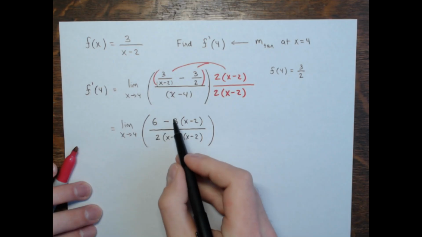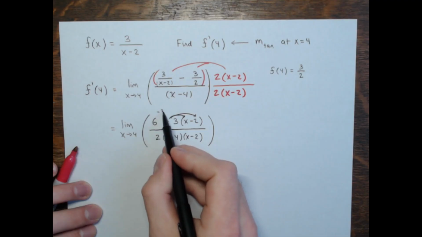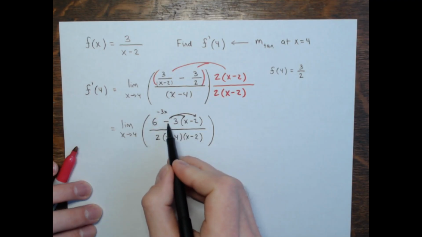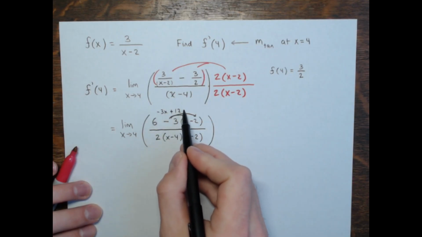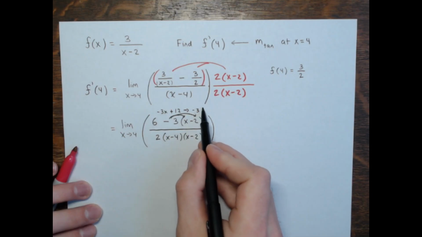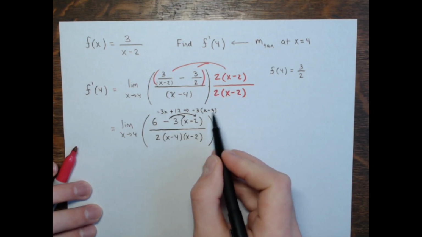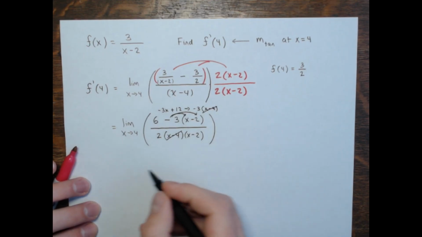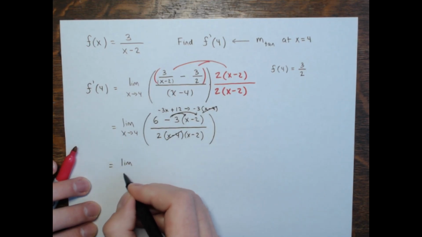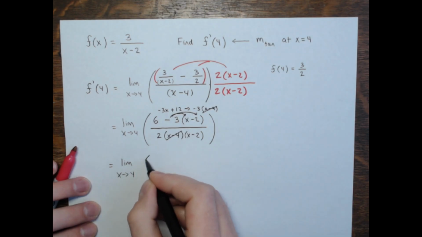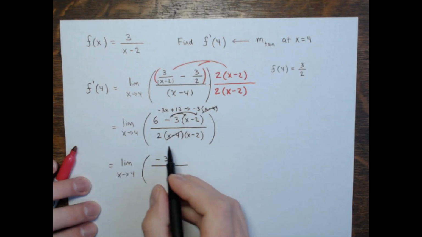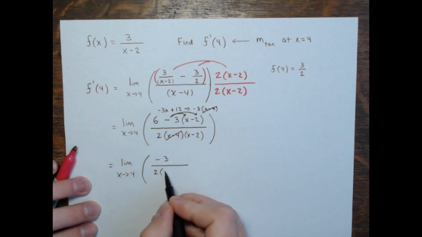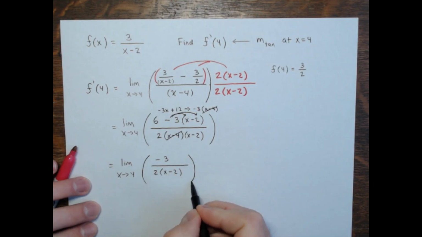Now up top, if I distribute the negative 3, we'd have negative 3x, and then plus 6 again for plus 12, which would be negative 3 times x minus 4, and then the x minus 4's would cancel. So I have the limit as x approaches 4 of negative 3 left over in the numerator, and then 2 times the quantity x minus 2 in the denominator.